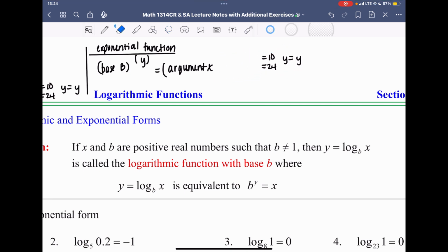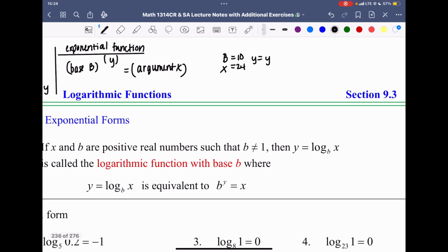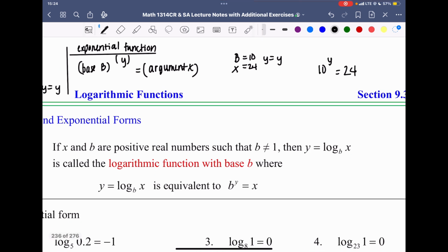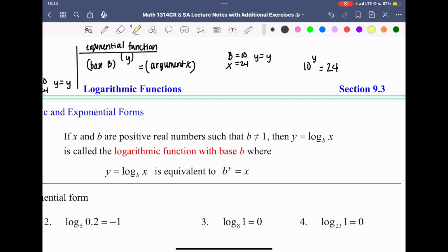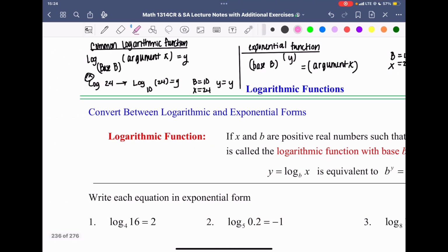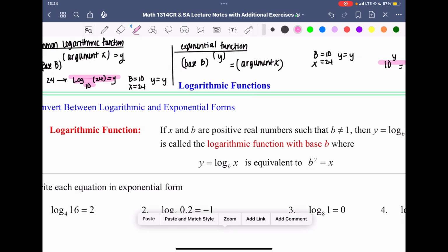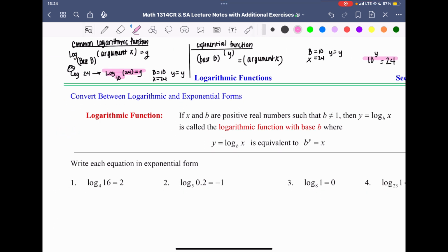Let's relabel that. B equals 10 and x was 24. So the correct form is going to be base 10 raised to the y equals 24. Okay. So this formula right here is an inverse of this right here, including the base 10. And we do have other bases that are available to us.